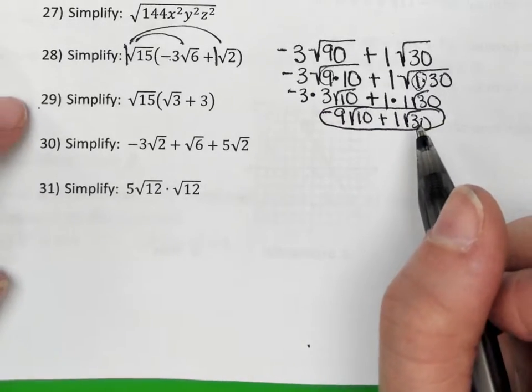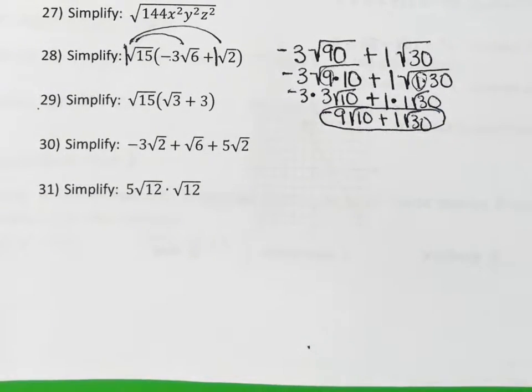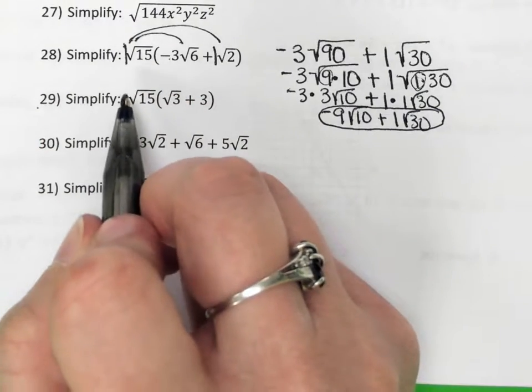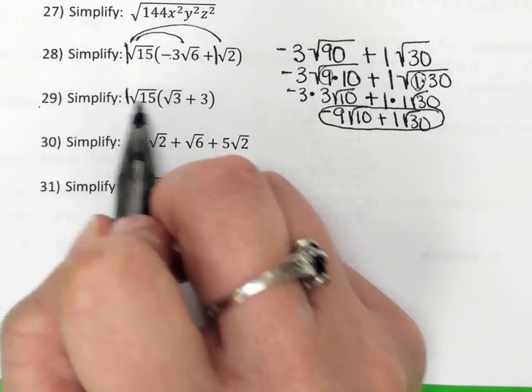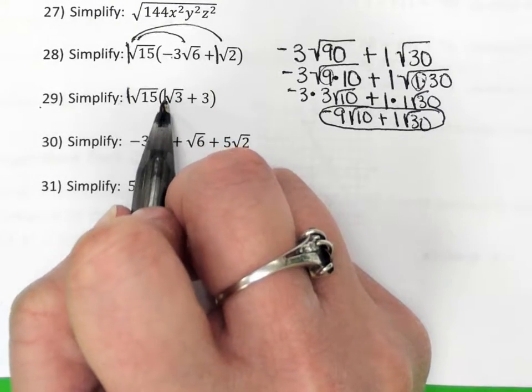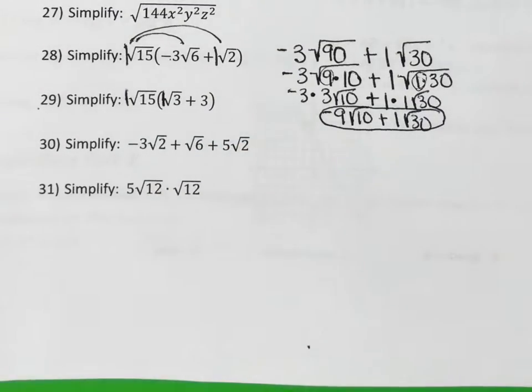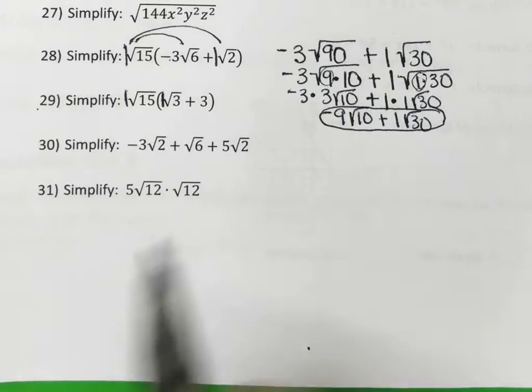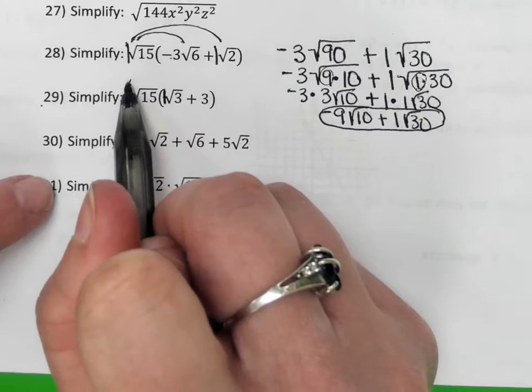Okay, so I want you to try 29. What number is right here? 1. What number is right here? 1. Okay, you try 29. Gotta break it down. All right, guys, here we go. Multiply.